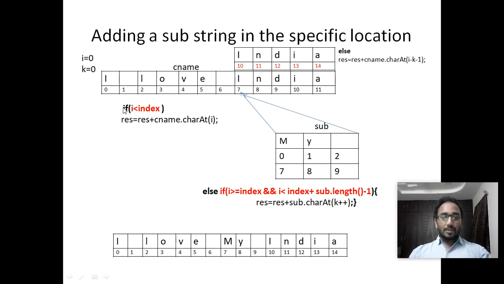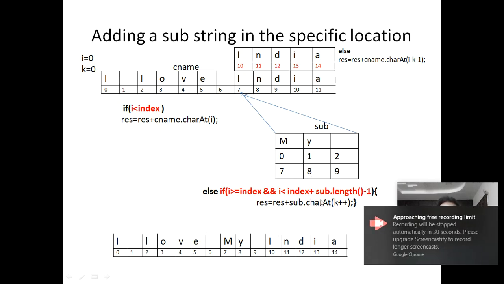To represent the characters whose locations are unchanged, I will use this part of the code. It runs with i starting from 0, so the character location starts from 0 and ends with index value less than index. So all the characters from 0 to 6 are copied into the resultant string. Then the new string is going to be copied.